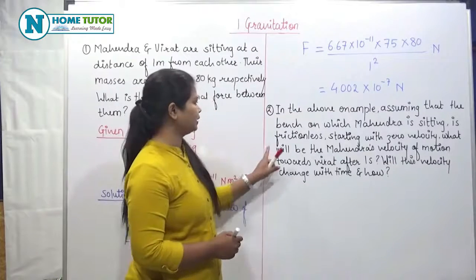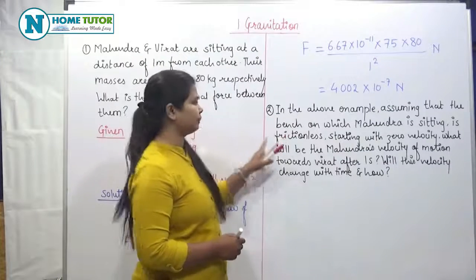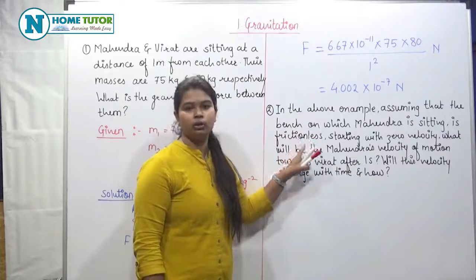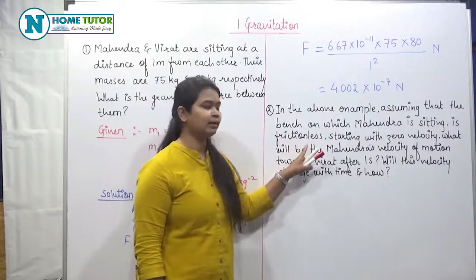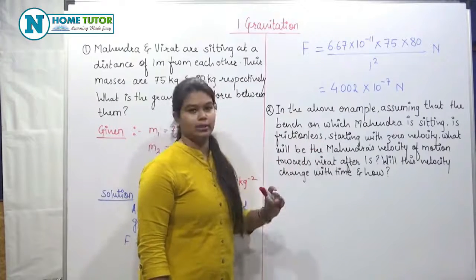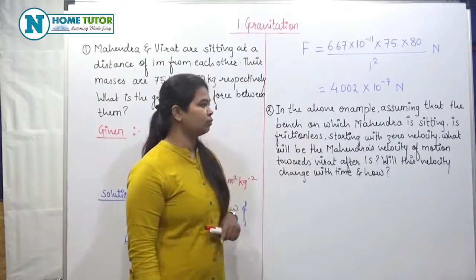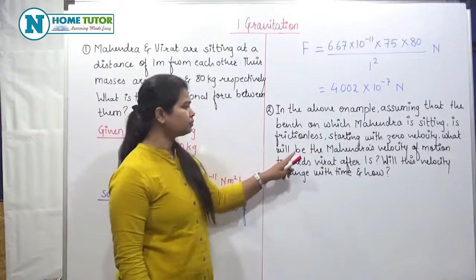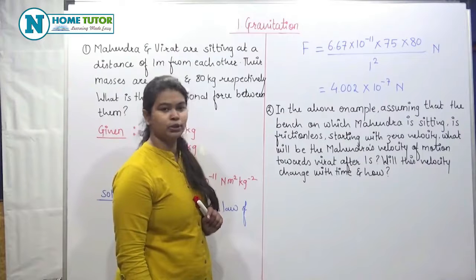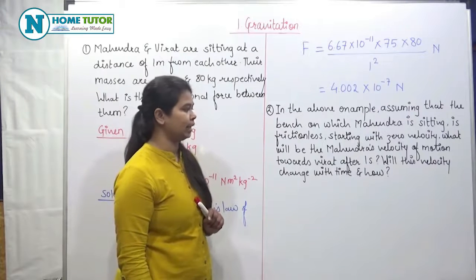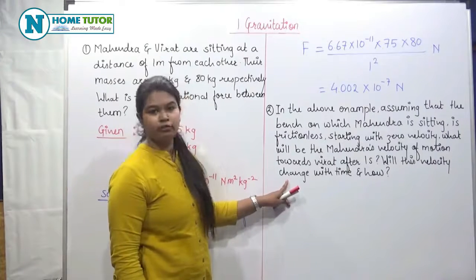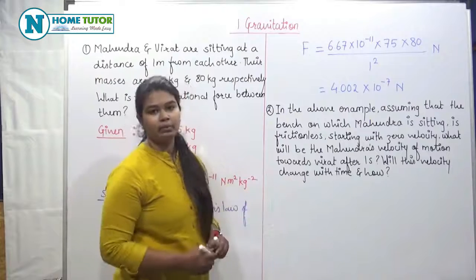The second example is based on the above example, assuming that the bench on which Mahendra is sitting is frictionless. Starting with zero velocity, what will be Mahendra's velocity of motion towards Virat after 1 second, and will this velocity change with time and how?